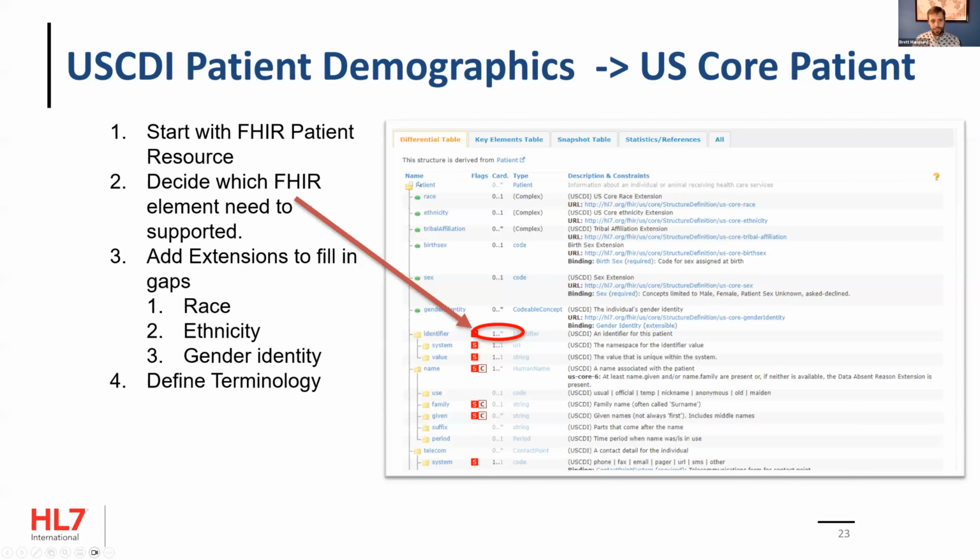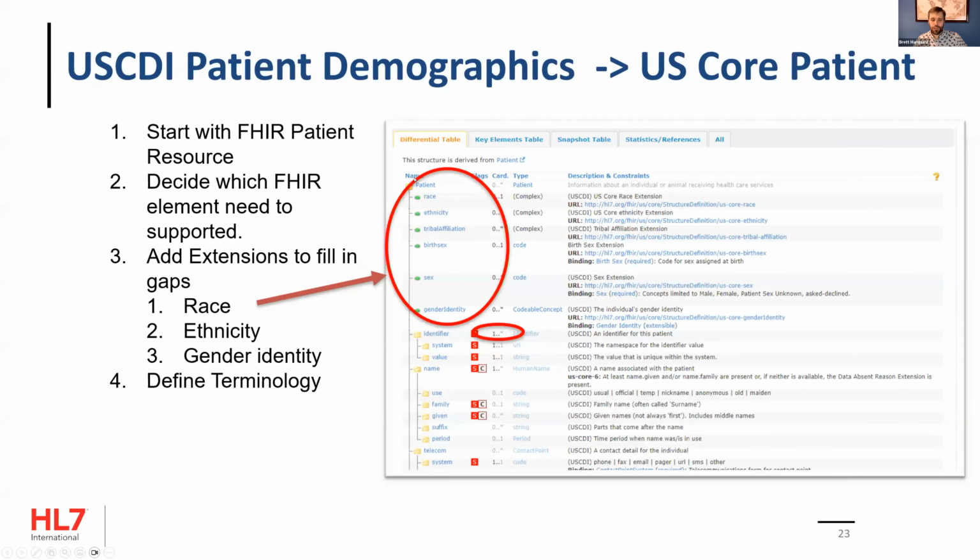And in some cases, there are elements in the base resource. So with this particular resource, Patient, there may be things that the international standards community doesn't include in the base resource. And race, ethnicity, tribal affiliation, those aren't things that are universally accepted around the world. And so they're not included in the base FHIR resource. And so we use these things called extensions to add things that aren't included in the international standard.